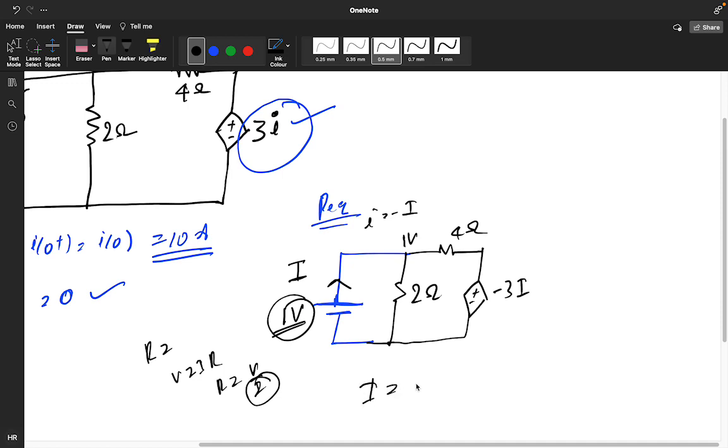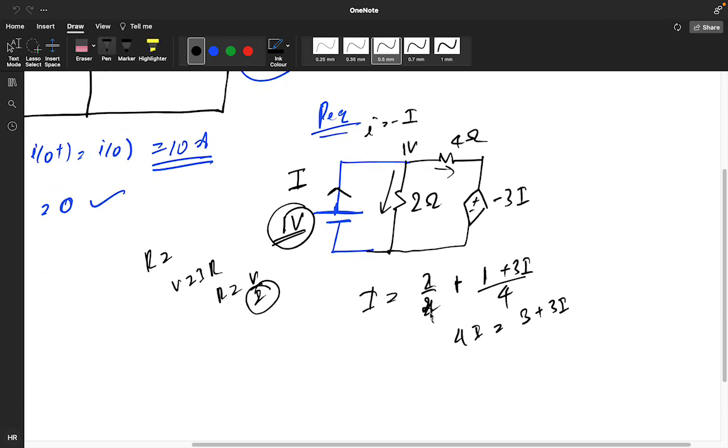So I will be equal to 1 by 2 plus 1 plus 3I by 4. So 4I is equal to 3 plus 3I. So how much I current are you getting? You are getting 3 ampere current.